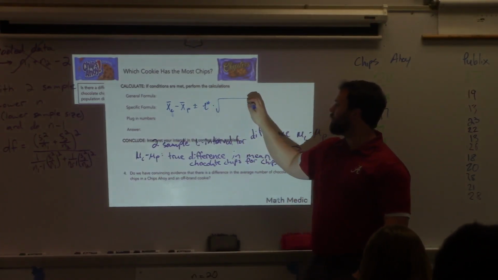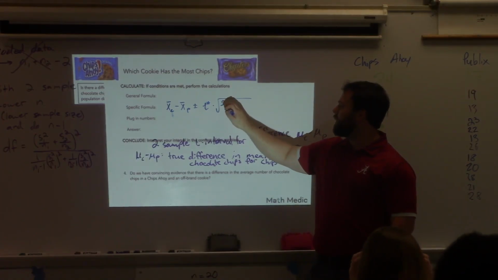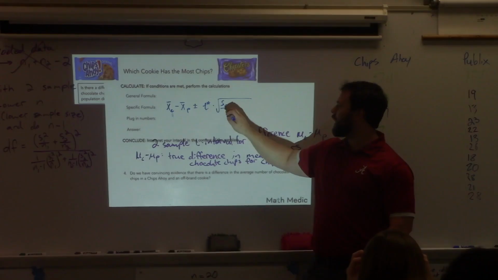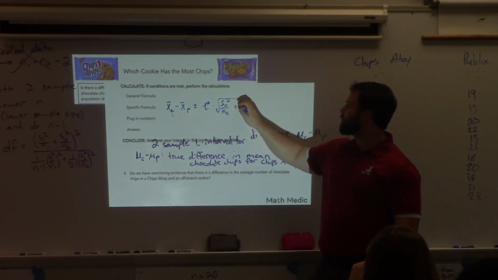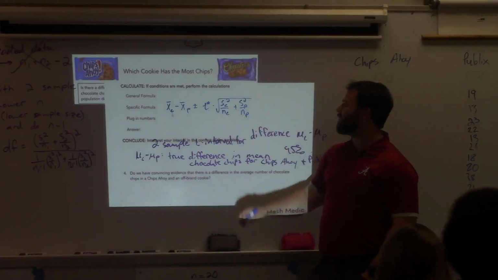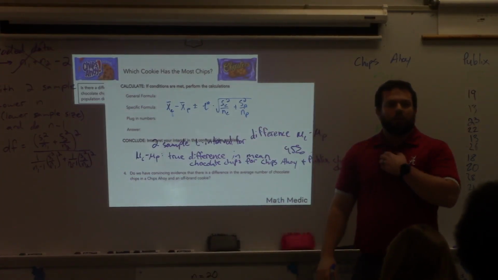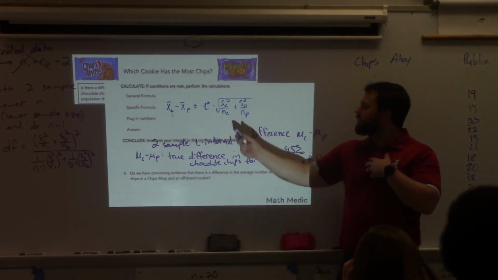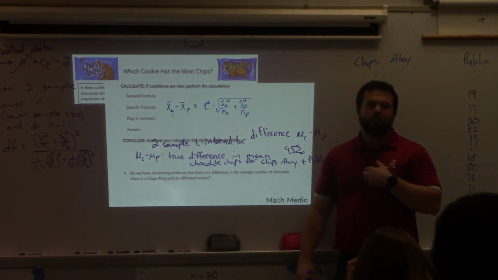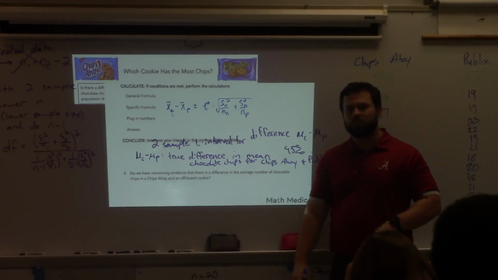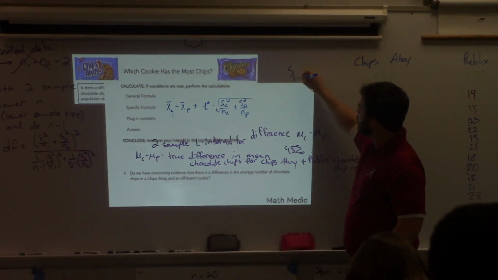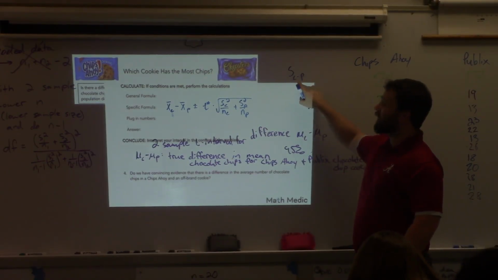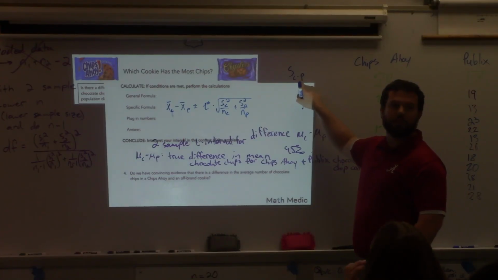times the square root of... why is this formula our standard error for this? Where's this coming from? It's on the formula sheet, but why is it s squared divided by n? Because there's two populations. It's the variance, right? Remember, can we subtract those two standard deviations?